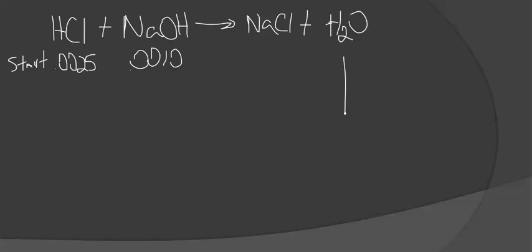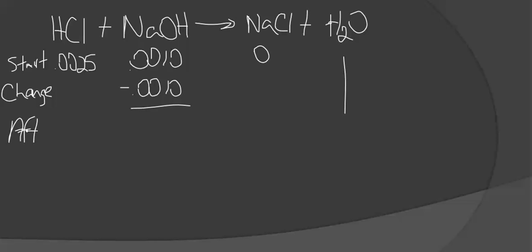We don't worry about water. The salt was 0. The change, well, the NaOH is going to get used up. So 0.001. So after the reaction, I have no NaOH present. The mole ratios are 1 to 1 to 1, so the change is the same for all species.